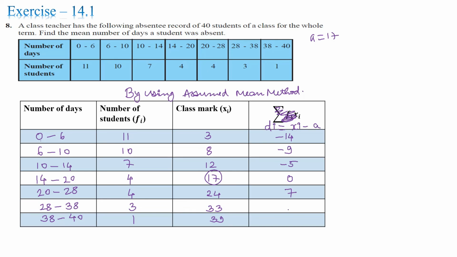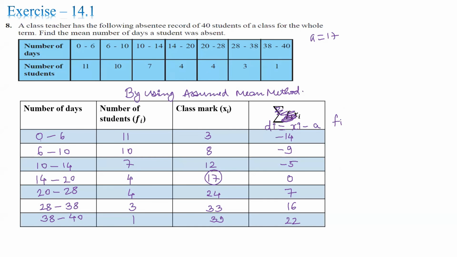Next is what? 33 minus 17, 16. Okay, and 39 minus 17, it will come 22.